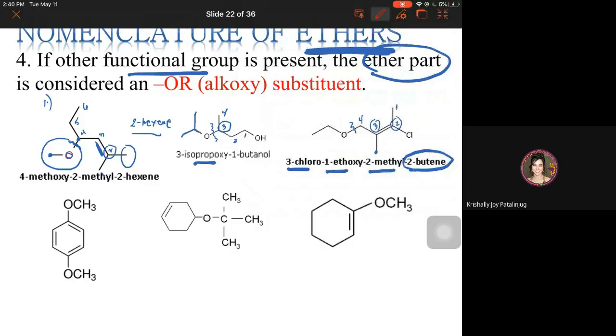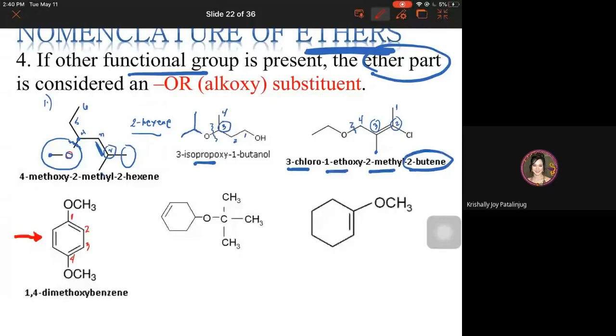What about this one? Obviously, it is benzene, with a methoxy at carbon 1 and another methoxy at carbon 4. You can call this para-dimethoxybenzene, or 1,4-dimethoxybenzene. Isn't it in the para position? For disubstituted benzene, you can have ortho, meta, para.